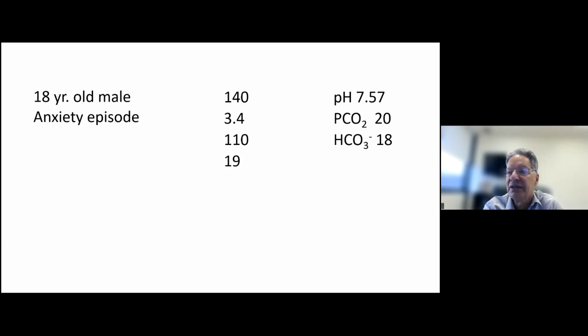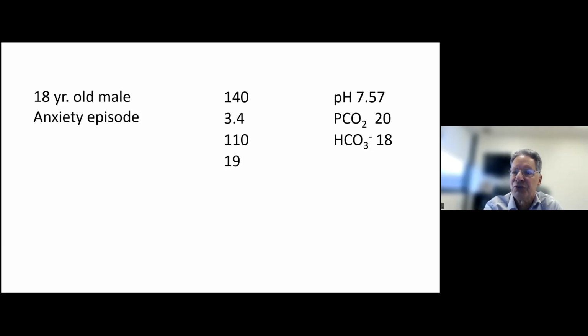It's clearly not metabolic acidosis because the changes aren't 1-to-1. Okay, well, it's either acute or chronic respiratory alkalosis or neither. It could be none of the three, and it could be a mixed disorder.